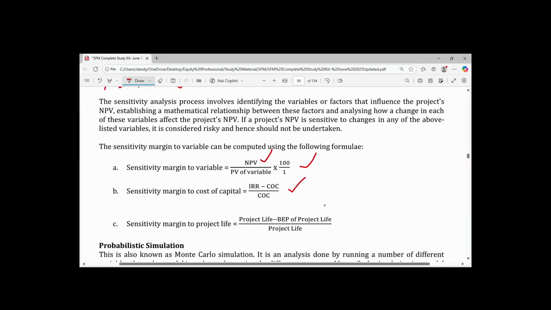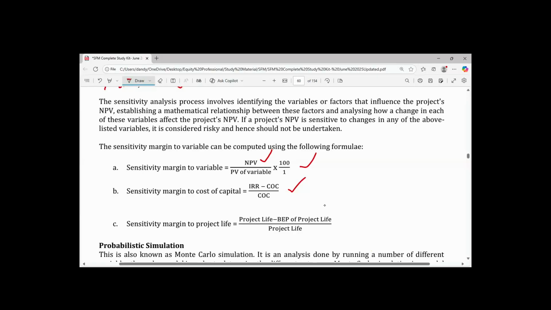Again, from this formula, it means that we need to first calculate internal rate of return before we can calculate sensitivity margin of cost of capital. So you go and do the working for internal rate of return. Once you are done with that, you put it in this formula. You get your answer. It's as straightforward as that. That will tell you the percentage change in cost of capital before the project will become unviable.